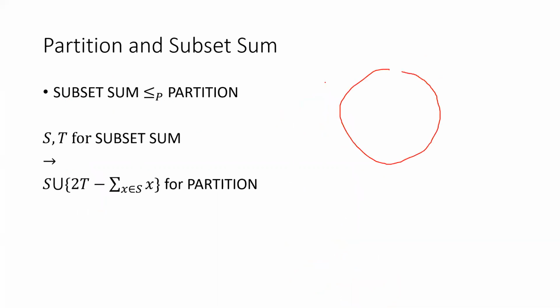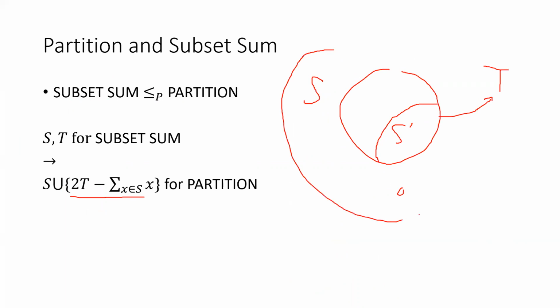So we have a set S, and also a number T. And for this subset sum problem, we want to know, can we have a subset of S whose sum is T. So we will add one more element of this value to the set S. And this larger set, let's call it A, is for the partition.